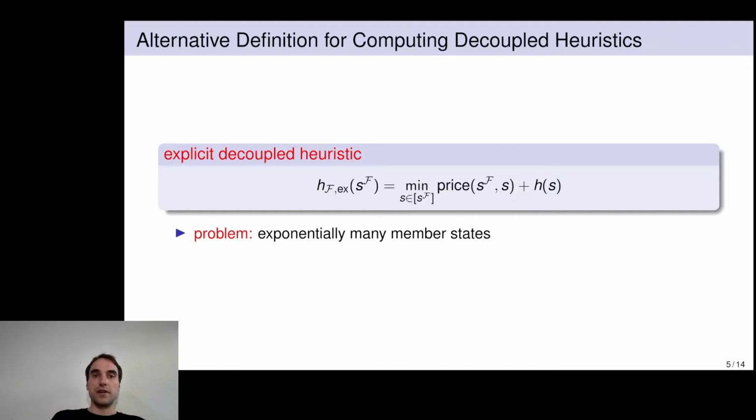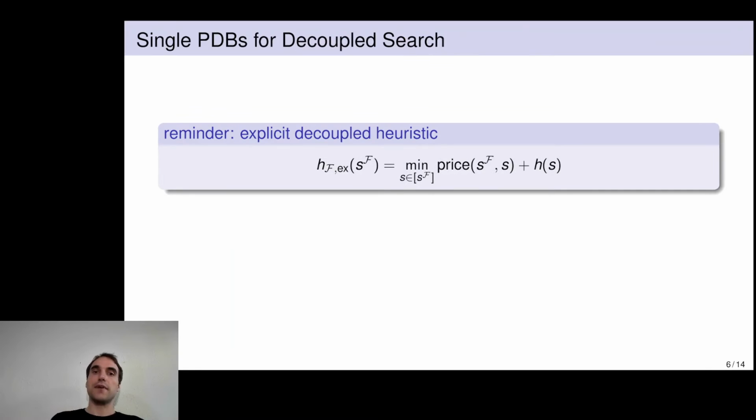So then we decided to look at pattern databases and to see if for pattern databases we can do any better than that. And we started with single PDB heuristics. So if we look at this definition of the explicit decoupled heuristic, we might think, well, do we really need to consider all of these explicit member states since we're only talking about abstractions and we are abstracting anyway?